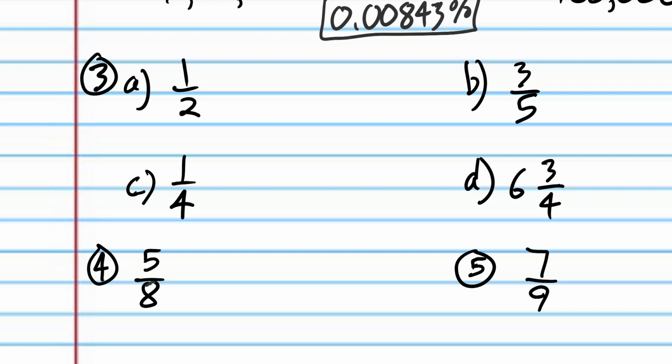But we can use the fundamental principle of fractions and multiply both sides of this fraction by 5, and that creates a fraction with a power of 10 in the denominator. So now we can easily change it to a decimal.